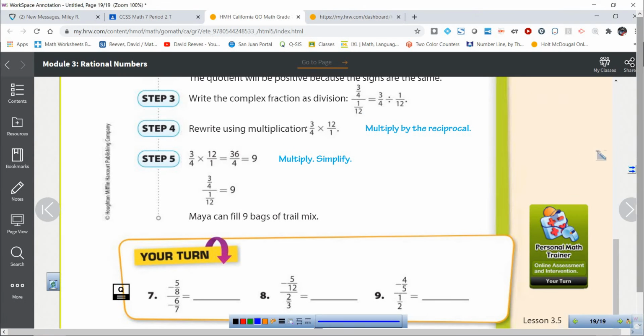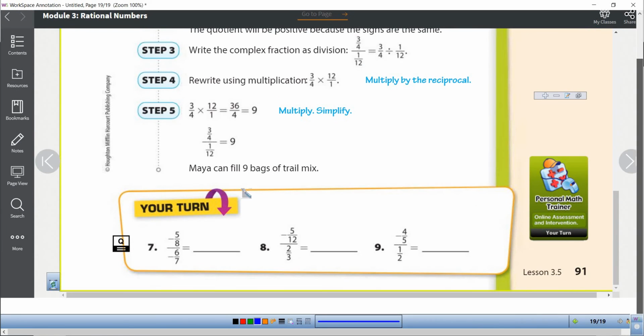All right, so if we take a look at these example problems down here at the bottom, we have negative 5/8 divided by negative 6/7, right? Well, first of all, a negative divided by a negative, that answer is going to be a positive, right? But we're going to change or switch, and then we're going to flip.